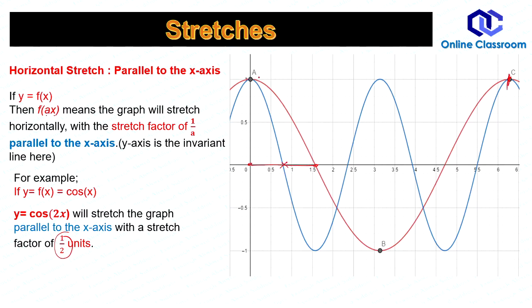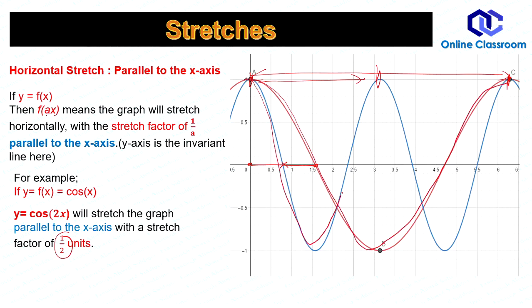This whole gap is now reduced to half, coming to this. Every point. You see here, there was only one cycle, one complete graph in the function. But when you write 2x, you reduce this to half: one cycle in the first half period and one more cycle in the remaining half period.